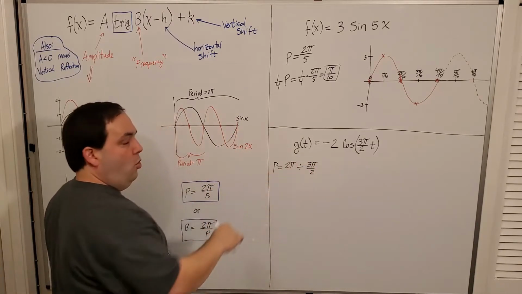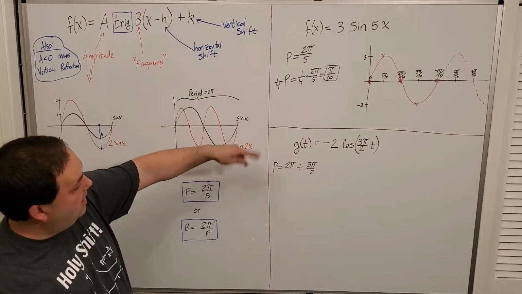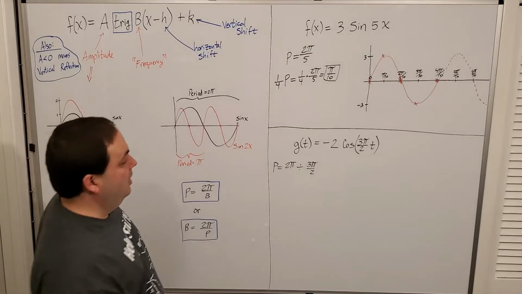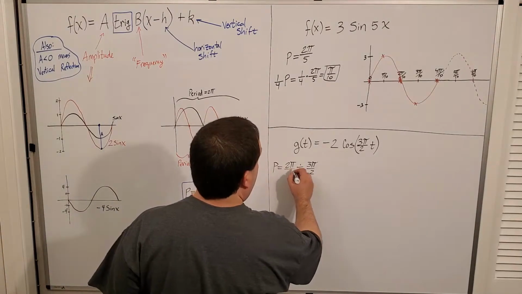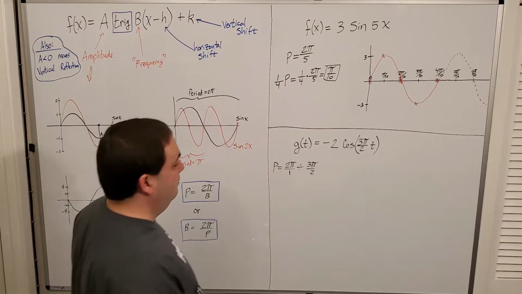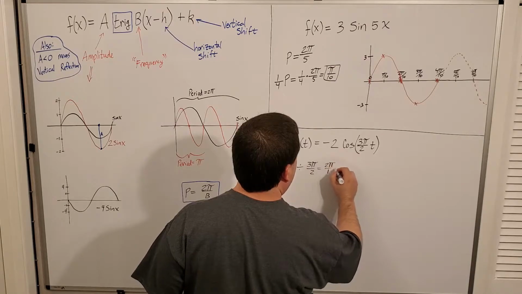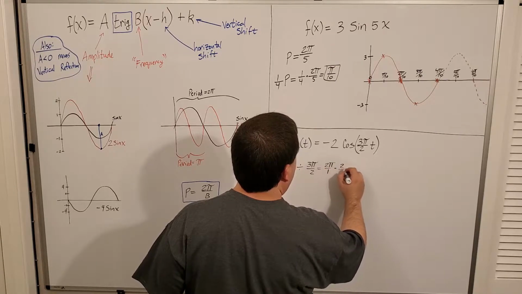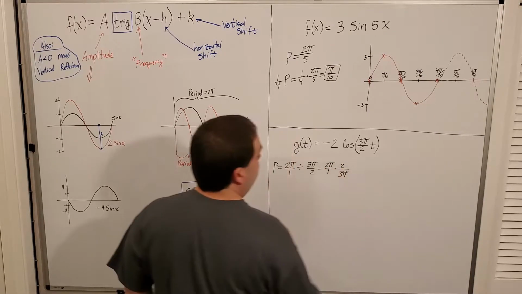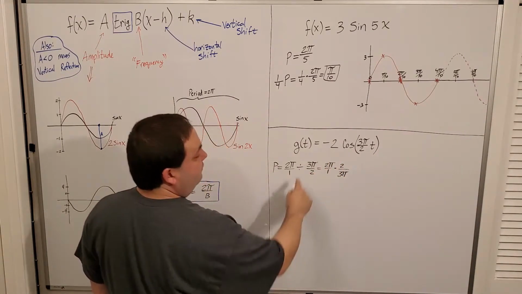And I'm writing it horizontally as division this time instead of the fraction because it's not an easy thing to put in a fraction. So think of it as 2 pi over 1 divided by 3 pi over 2. So then I'll simplify that a little bit. That's 2 pi over 1 times 2 over 3 pi. The pi's will reduce, and I have 2 times 2 is 4 over 3.